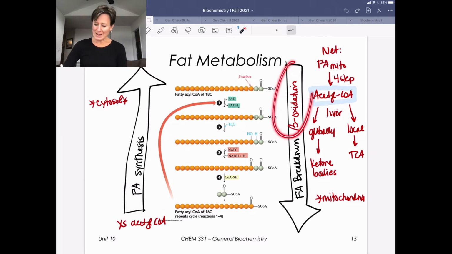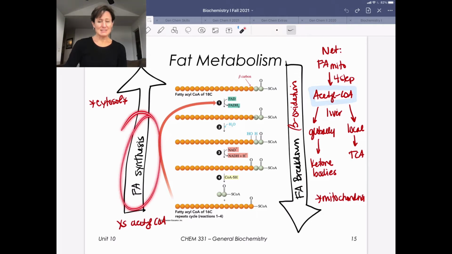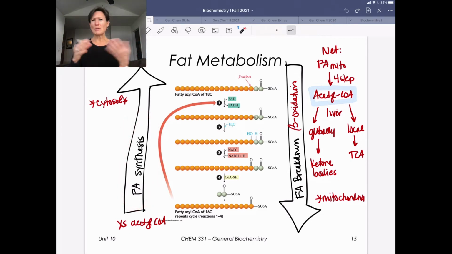So beta oxidation is the biochemical name for fatty acid breakdown. It's a 4-step process occurring in the mitochondria. The flip side is fatty acid synthesis, where you take excess acetyl-CoA. We've talked about this generally, but we haven't really applied a biochemical name to the process. We zip together acetyl-CoAs and make them into fatty acids.